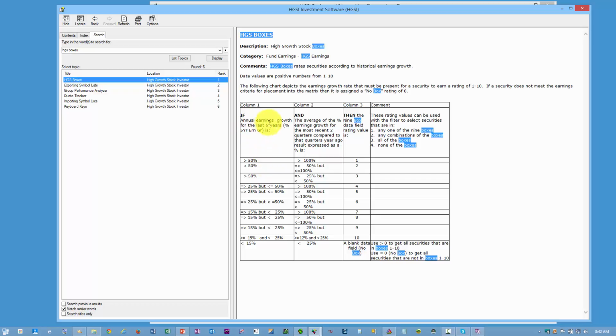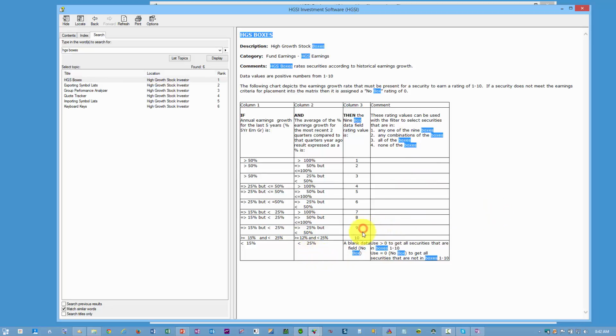For example, if the percentage 5-year earnings growth is greater than 50%, and the average of the percentage earnings growth for the most recent 2 quarters, compared to that quarter's year ago results, is greater than 100%, then it's a box 1 stock. And then these are the various combinations down here, and we'll talk about this more in class.